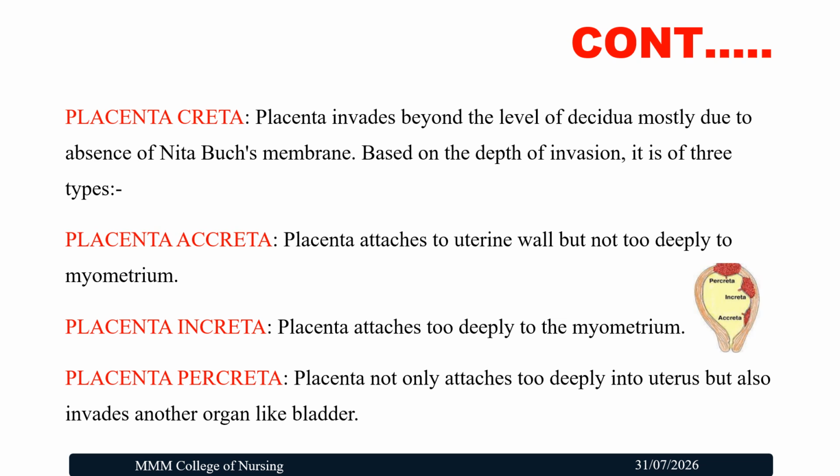In placenta accreta, the placenta attaches to the uterine wall but not too deeply into the myometrium. In placenta increta, the placenta attaches too deeply into the myometrium. Whereas in placenta percreta, the placenta not only attaches too deeply but also invades other organs like the bladder.